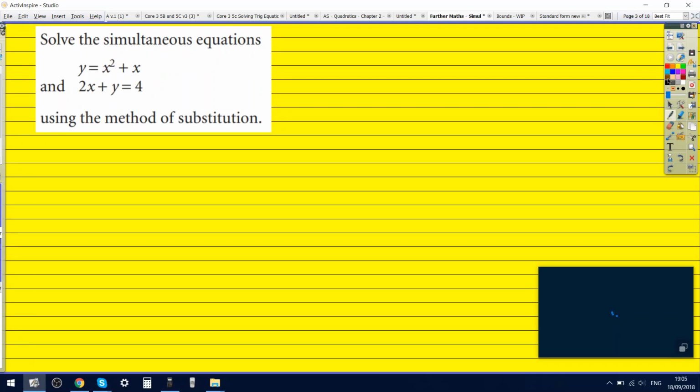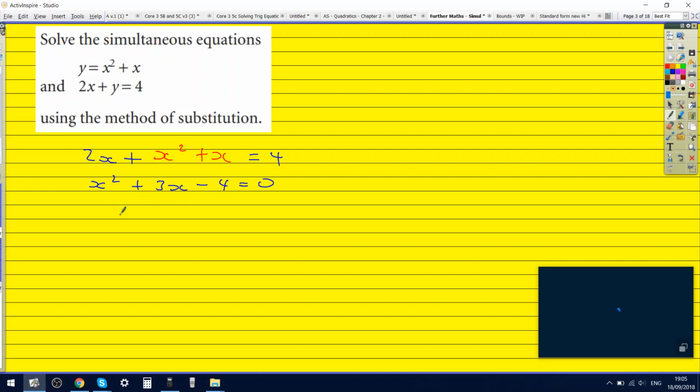Okay, try this. So y is x squared plus x. 2x plus y is 4. 2x plus x squared plus x equals 4. So x squared plus 3x minus 4 equals 0.